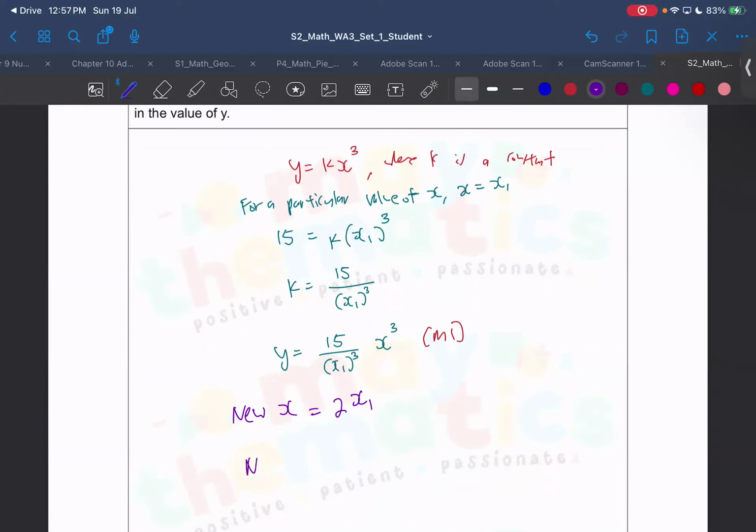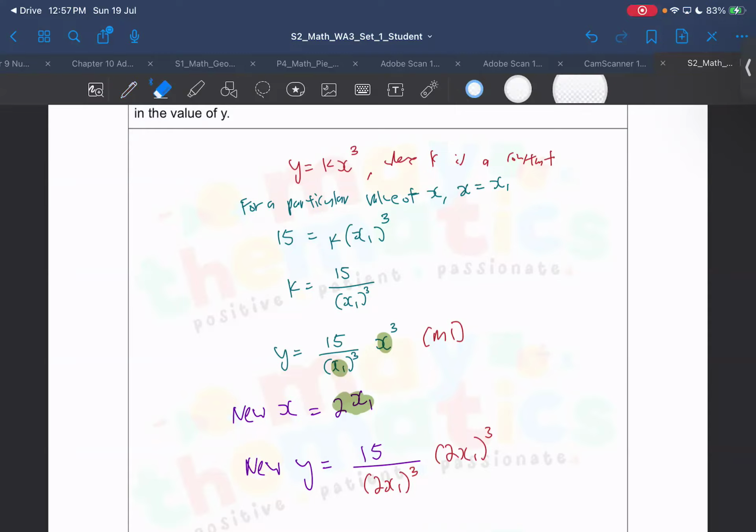Yes. So now I got a new x, I will also have a new y. So just go and find your new y. Put inside, your x entirely will be replaced by 2x1. So 2x1 cube. Wait, this one is x1. Sorry, this one don't replace, because they only say x equals 2x1.